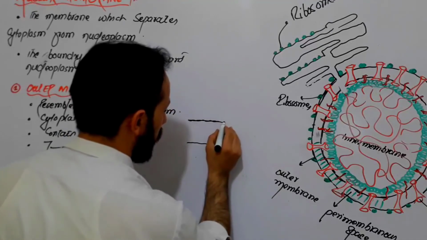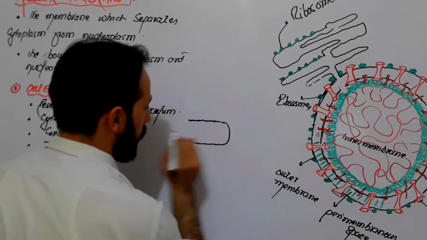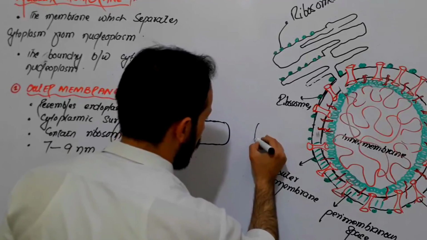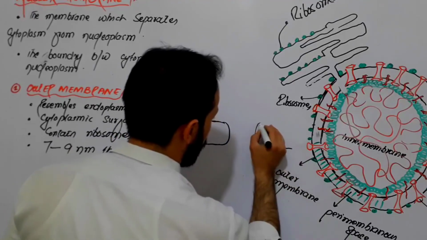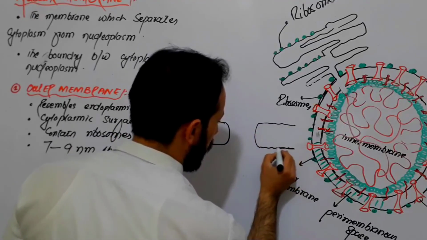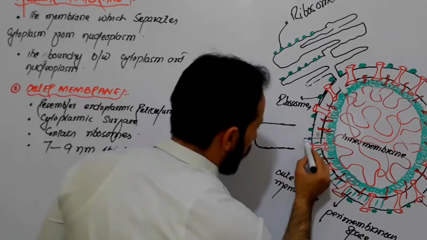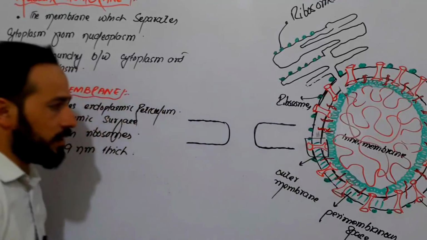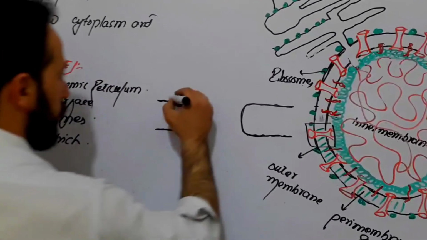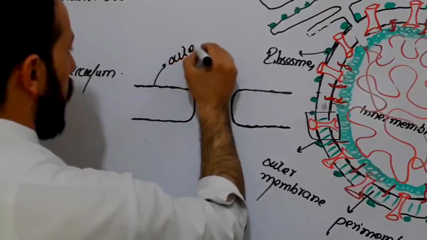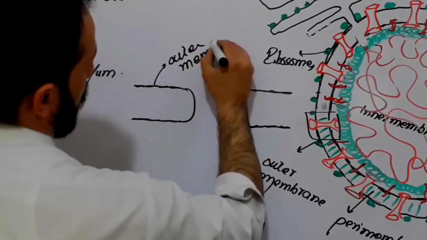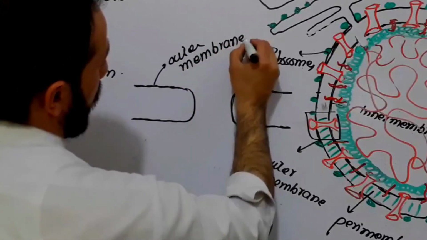Done, like this, and here is the other part. Done, friends. I have taken a small piece, this area, and I have enlarged it here. So this will be the outer membrane. Right, this is the outer membrane.